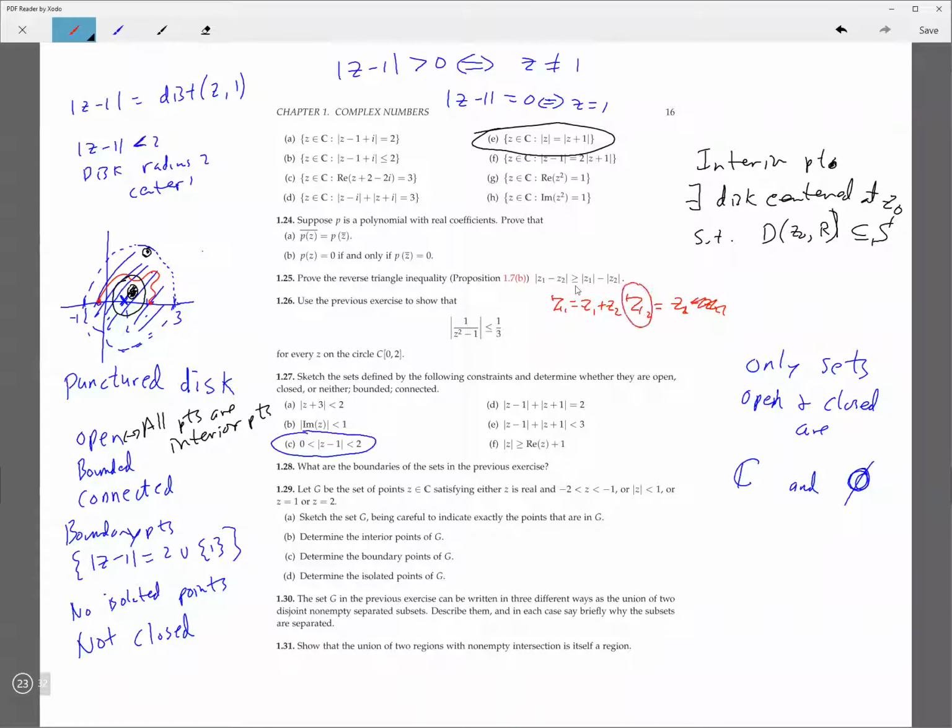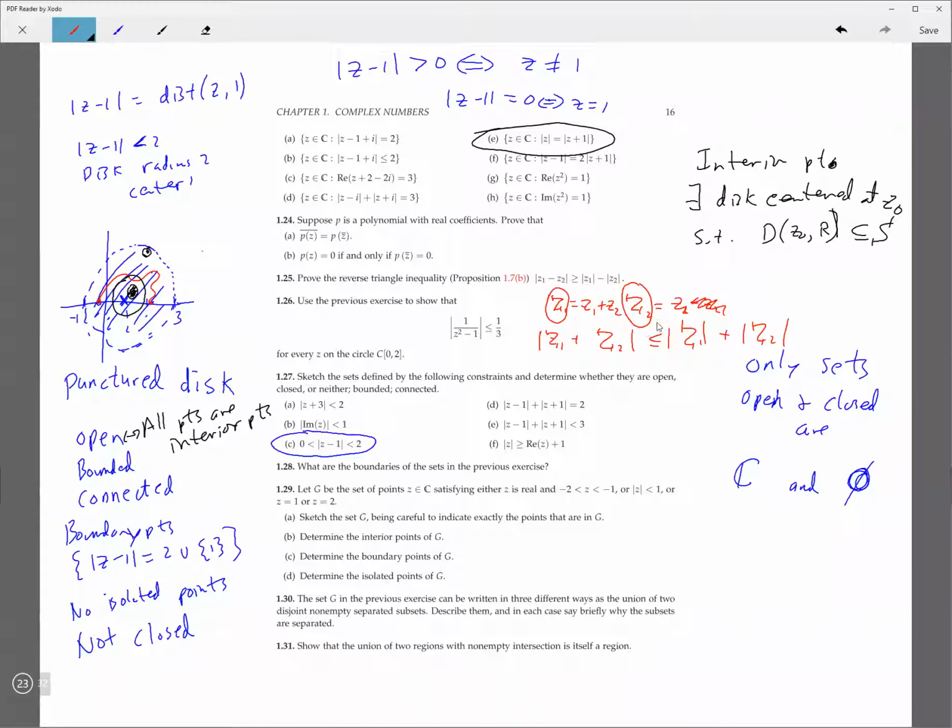But the thing is that you apply the triangle inequality with these. You start out with the modulus of capital Z1 plus capital Z2 is less than or equal to the modulus of capital Z1 plus the modulus of capital Z2.